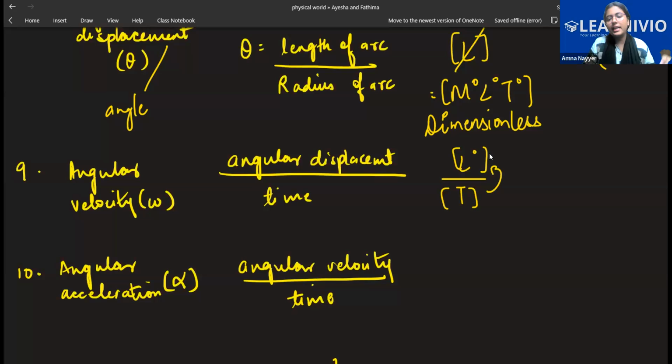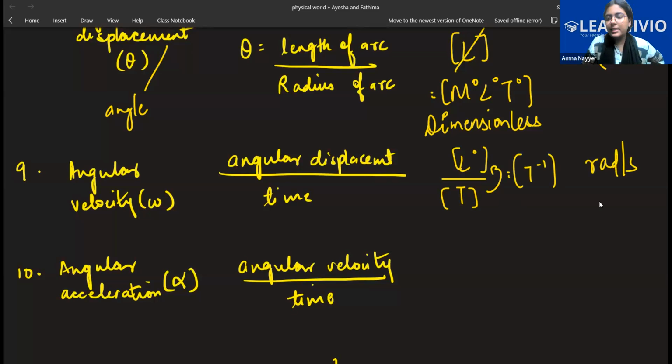So when you get the question for angular velocity, it is divided by time, so time inverse. Let me share the screen first. Yeah, is it visible? Yes. Okay. So this is radian per second.